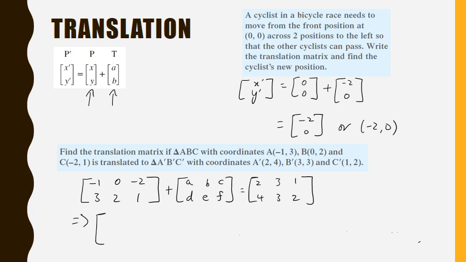So, to find this matrix, we simply rearrange this and subtract it, so we get A, B, C, D, E, F equals 2, the matrix on the right, subtracting the original matrix.